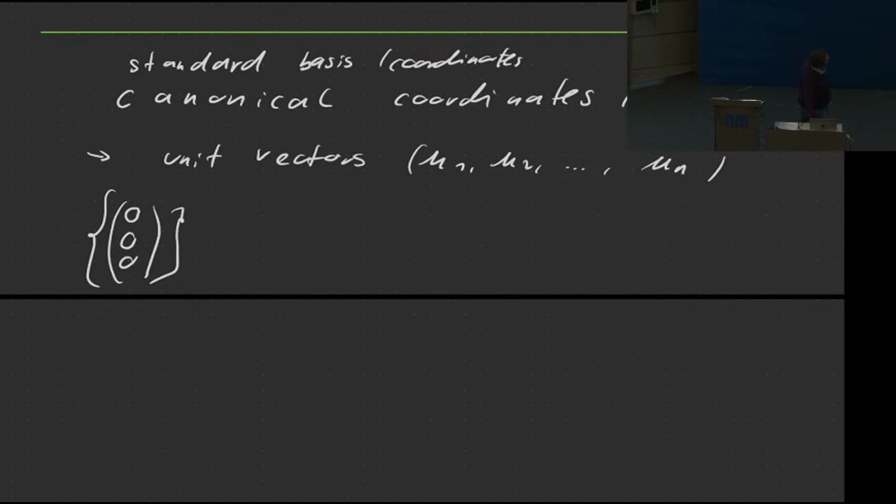Let me quickly switch to the sheet so that we know what we're talking about. This is the function here, R3 to R. So neither kernel nor image could work. And furthermore, the zero vector is linearly dependent, because we can find a linear combination that represents the zero vector in multiple ways. Multiply that by anything you want, you always get the zero vector back.